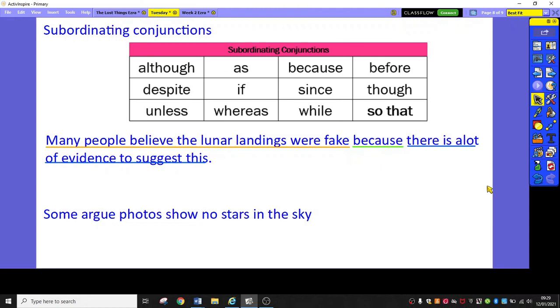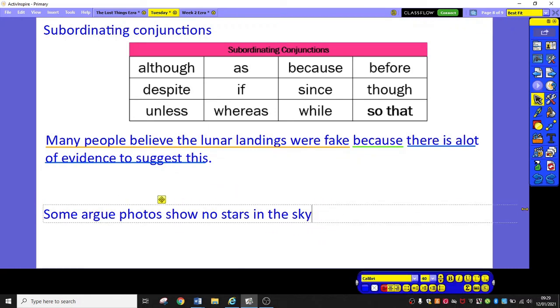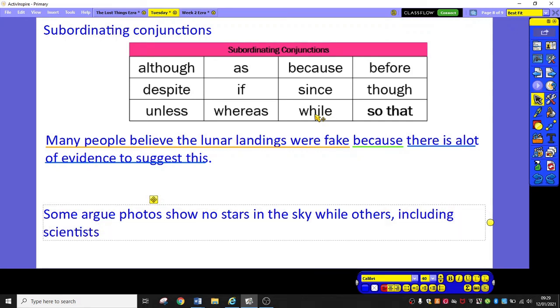Then you might put a short sentence in. So some argue photos show no stars in the sky. I might use while others, and then I might use some parentheses, including scientists, have pictures which show the lunar module's tracks.